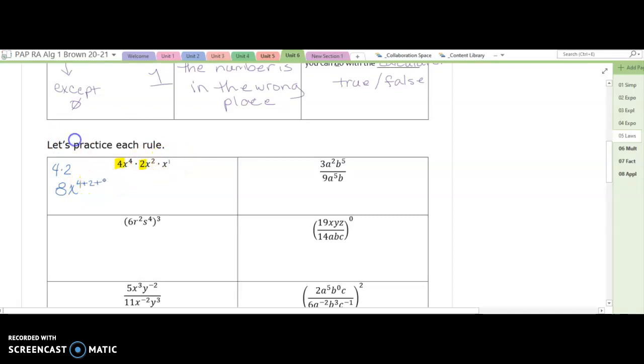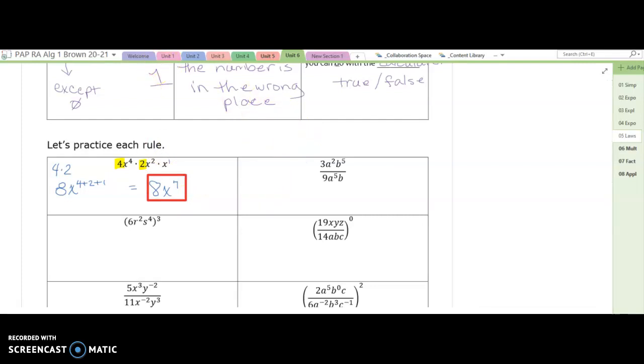This guy hides all the time, so we're going to add him. So we have 8x to the 4 plus 2 plus 1. 4 plus 2 is 6, plus 1 more is 7. So 8x to the 7th power.